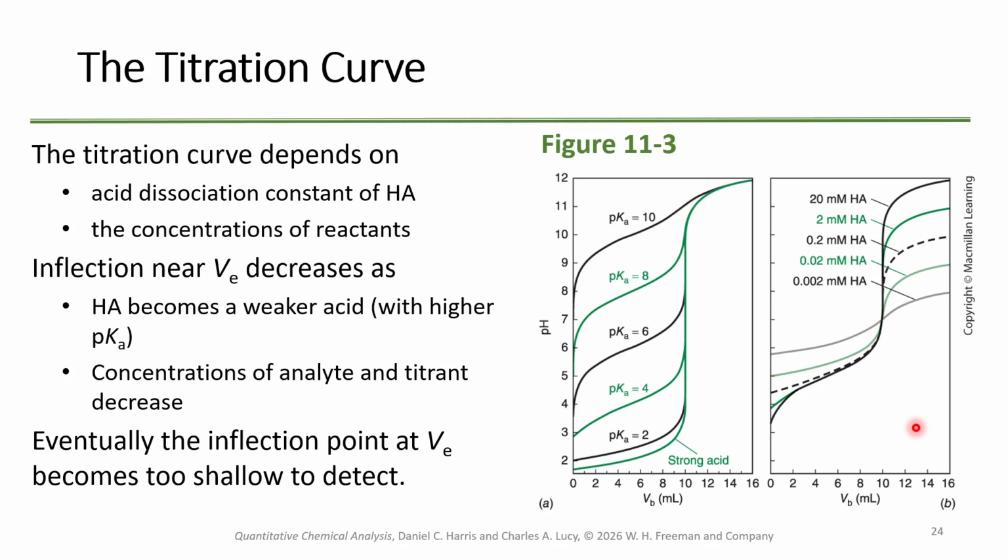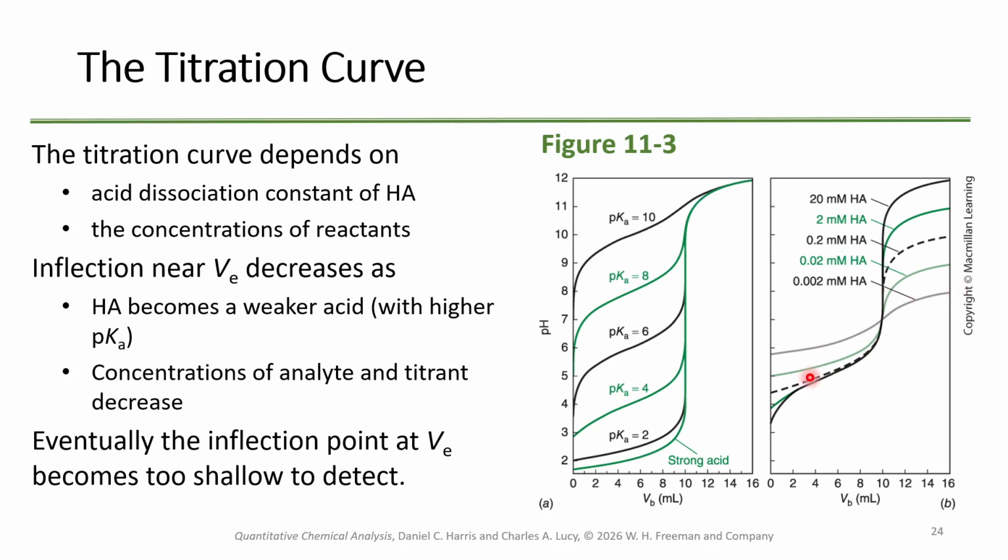Over here, we see the decrease in concentration. So if you have more concentration, what's going to happen is you're going to have these huge jumps. Can everybody see okay? And so you get a very distinct, huge increase in pH, right? As you decrease your concentration, what you're going to see is, again, your maximum pH is going to be suppressed here.